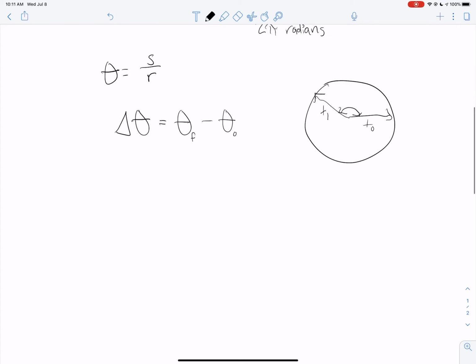The radian is a similar unit to the meter. The same way you could do 3 meters minus 1 meter equals 2 meters, you can do the same with radians: 3 radians minus 1 radian equals 2 radians.